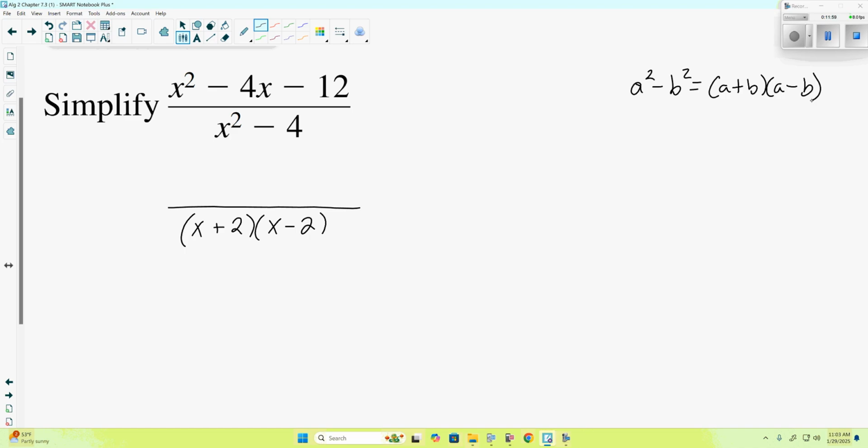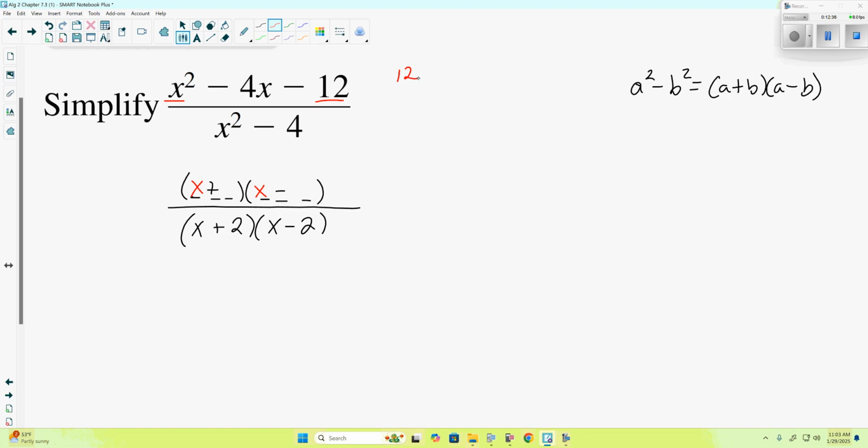Now there's a reason behind this, and it's because it's going to help us. Now if we look at the numerator, x squared minus 4x minus 12, there is no greatest common factor. Quadratic, so we'll have our two sets of parentheses with 3 spaces, yes? Third term is negative, so the signs are opposite, plus and minus. Factors of the first term, x and x.